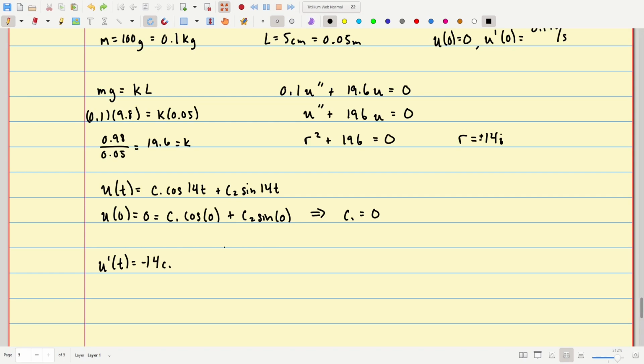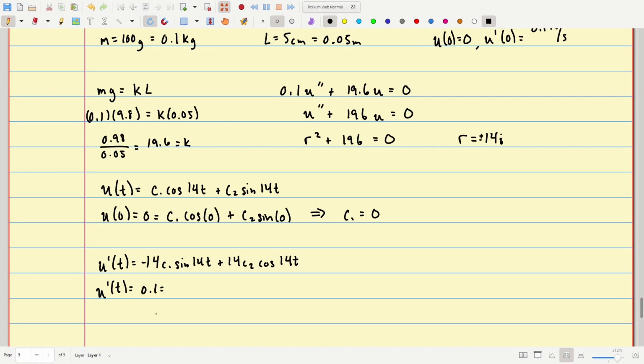Oops. The derivative of cosine is negative sine, so we do that and apply the chain rule. And then compute this factor here to get this. Now we apply our initial condition.